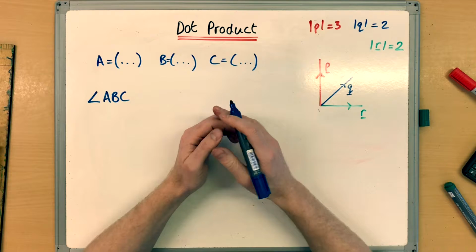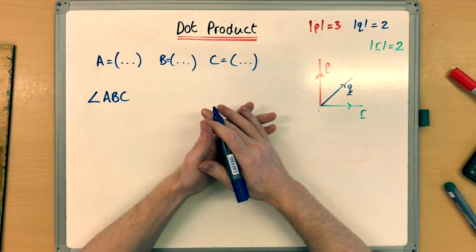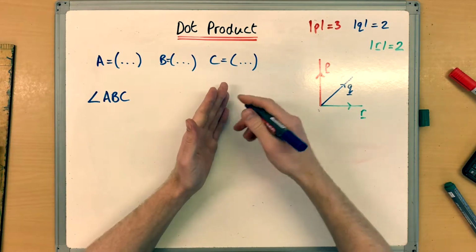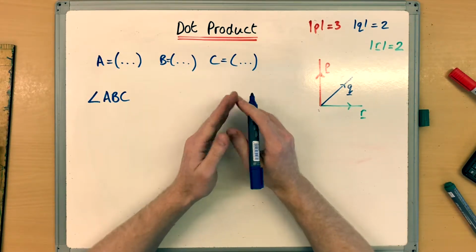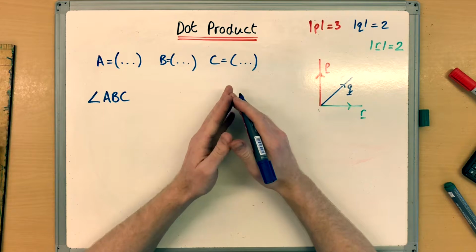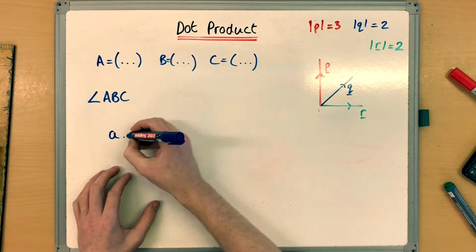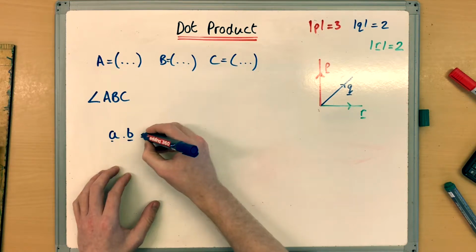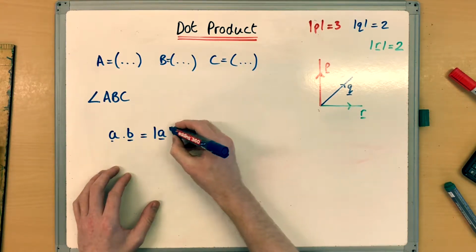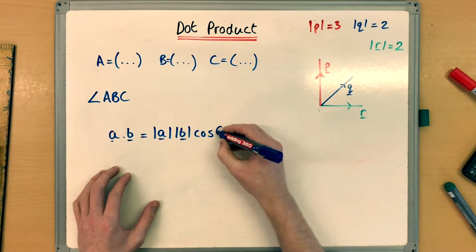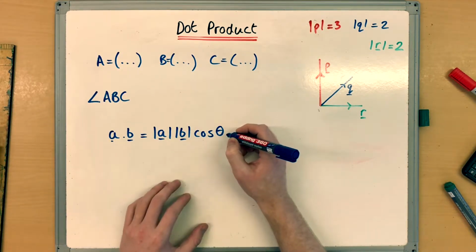So, apart from using components to find the dot product, and apart from just writing down that the dot product is 0 if you know that they're perpendicular, the next option is a formula in the formula sheet: a dot b, the dot product, can also be found by multiplying together the magnitude of the two vectors times the cosine of the angle between them.